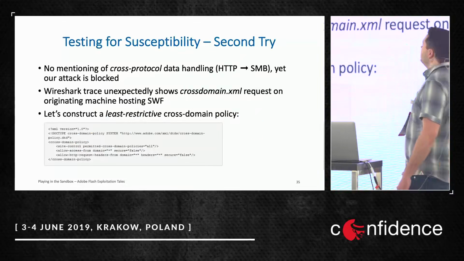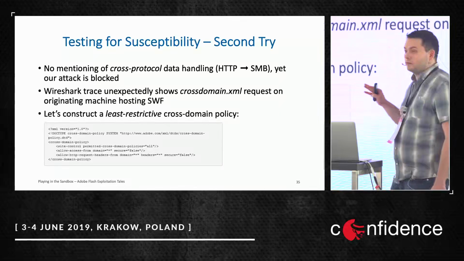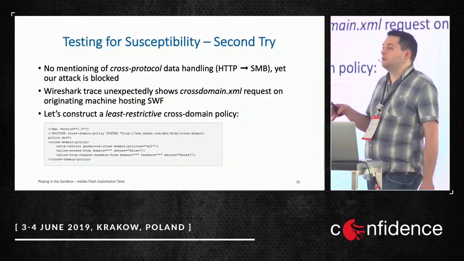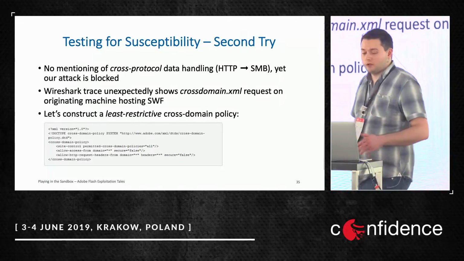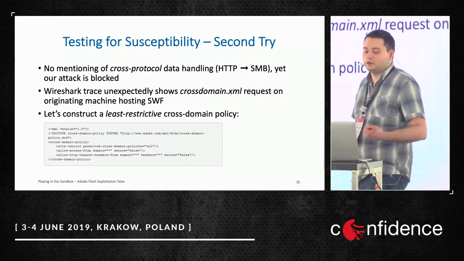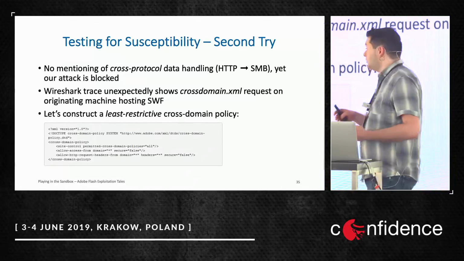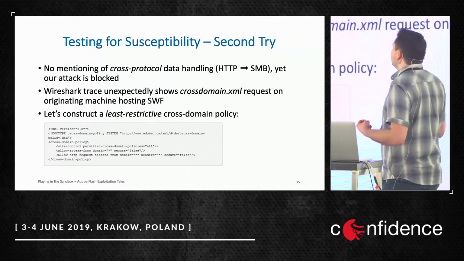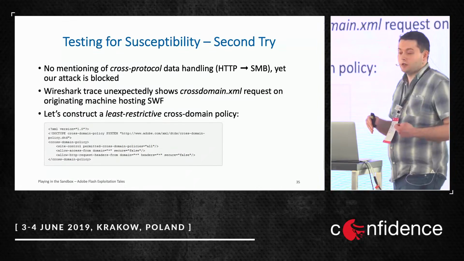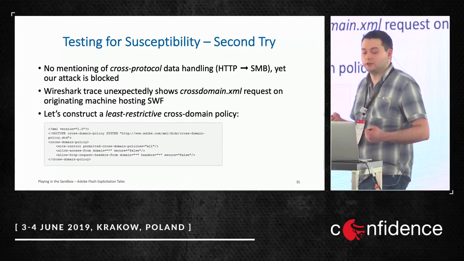But what we're actually interested in is what happens when we're switching protocols, so redirecting from HTTP to SMB. Now there's nothing in the spec that tells us why the attack is being blocked. But we do see that the Wireshark trace shows the crossdomain.xml being requested from the machine that is hosting the Flash application.